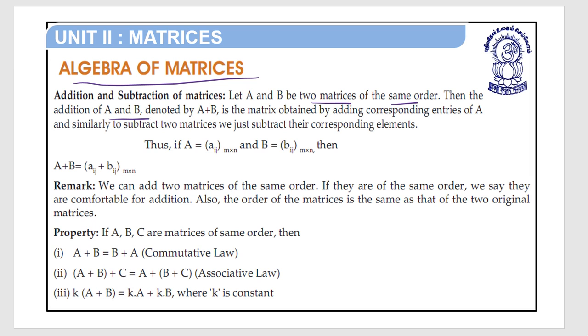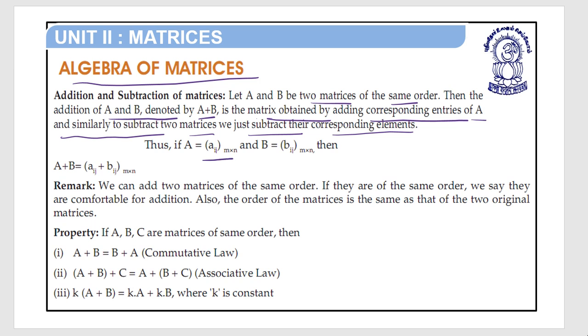Then the addition of A and B is denoted by A plus B, and in the same way for subtraction, A minus B. But here we are talking about addition. So A plus B is the matrix obtained by adding corresponding entries of A and B, and similarly, to subtract two matrices, we just subtract their corresponding elements.